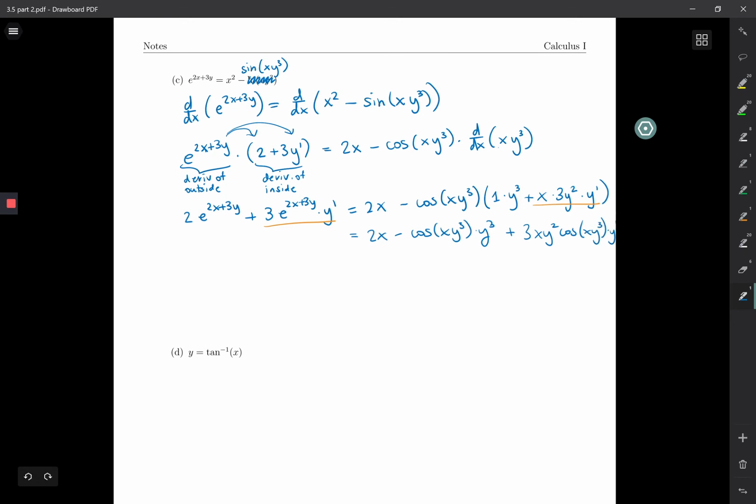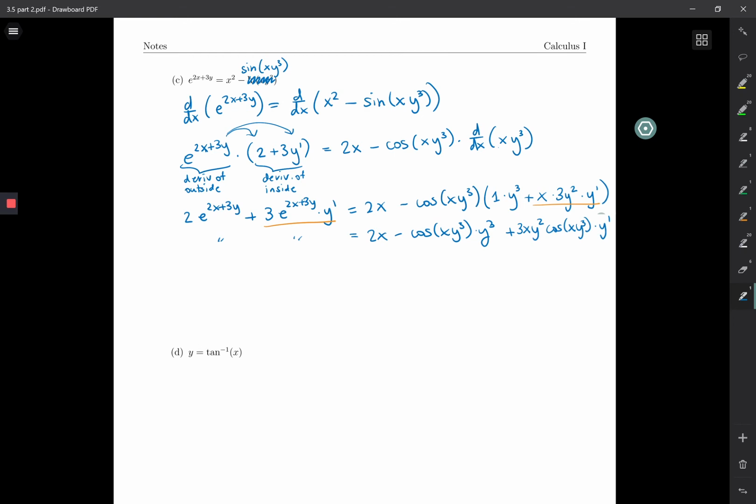Okay, let me actually rewrite this. I want my y prime to be very obvious. So we have 3x y squared cosine of xy cubed times y prime. Okay, and then I'm going to cheat and just put quotes there.